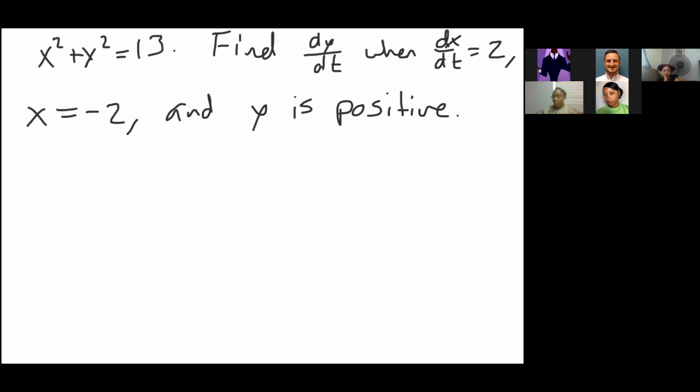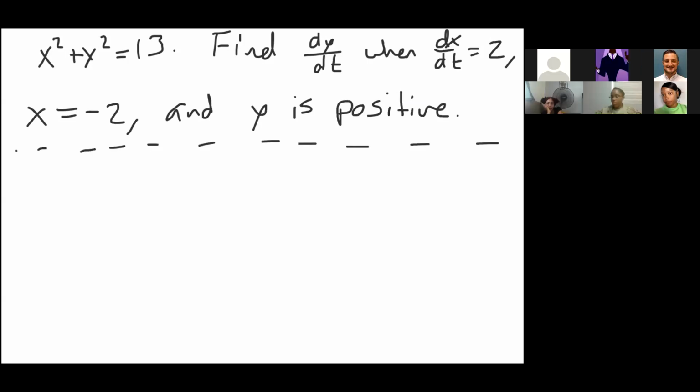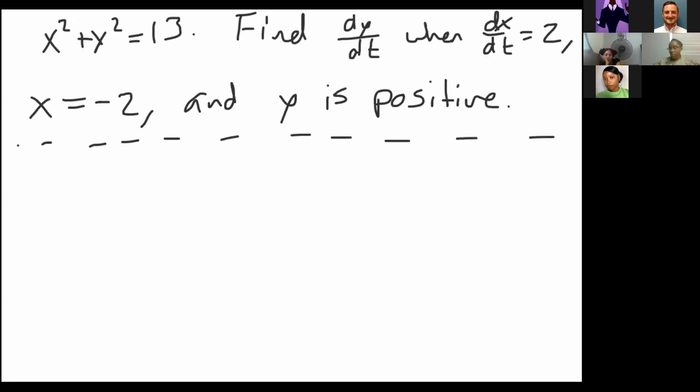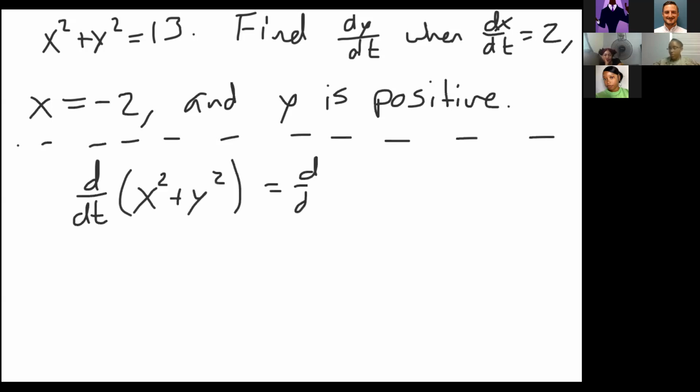And again, I'll give you how to start all of these off. Take the derivative with respect to time of both sides: the derivative with respect to time of x squared plus y squared, and the derivative with respect to time of 13. So take it from there, do your best.